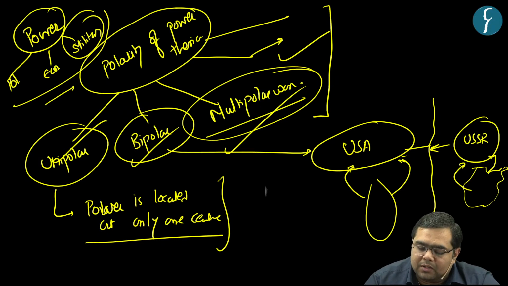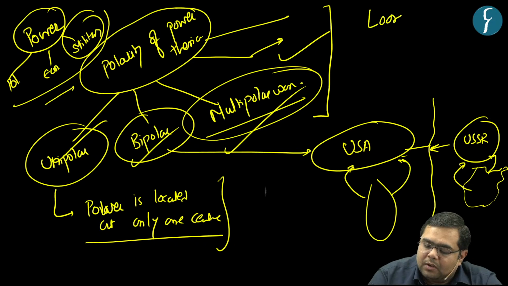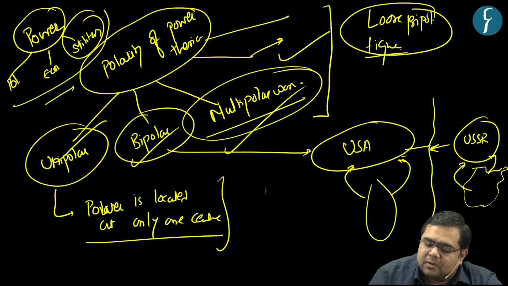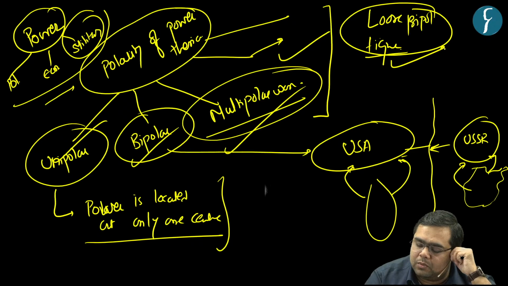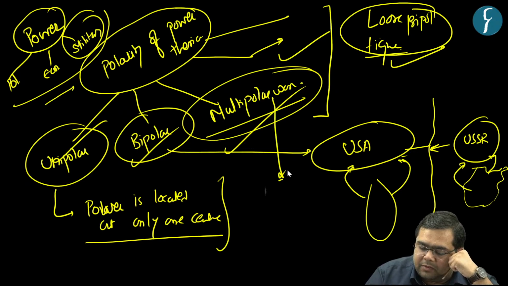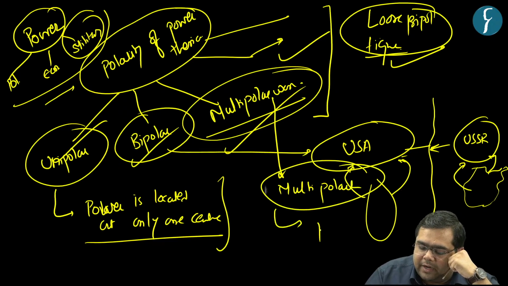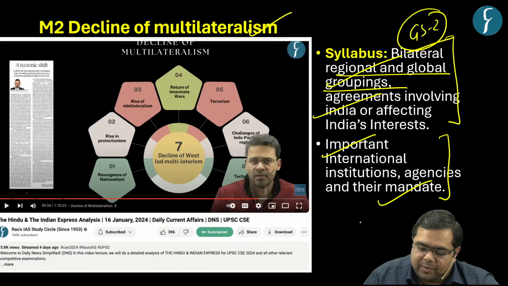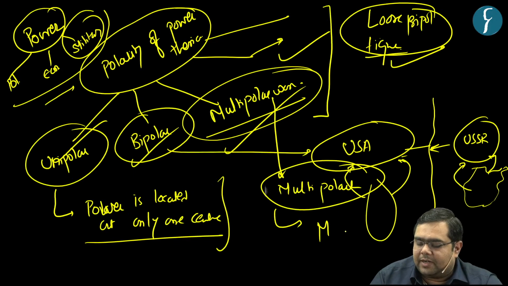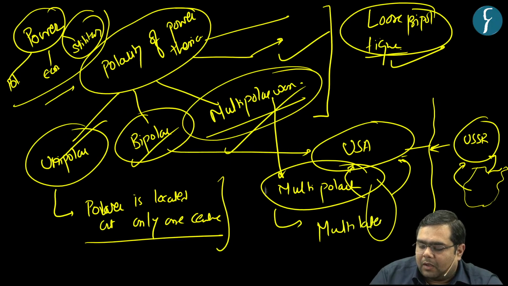There are further submodels with respect to loose bipolar and tight bipolar, which would be going too deep into the theory, so let us avoid that. And then there is the multipolar world, and from this word multipolar world, multipolarity, the concept of multilateralism emerges, right?